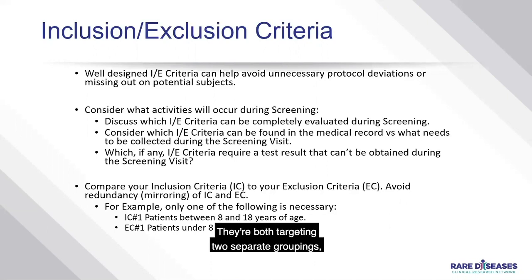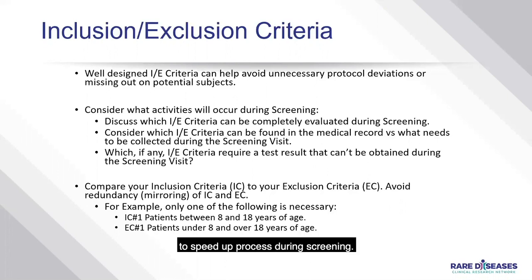They're both targeting two separate groupings, but they clearly state the same thing, that the patients have to be age 8 to 18. So you just want to make sure that those types of things aren't included, because it's just one more thing that your team has to check, and it's one more thing that you can remove to speed up the process during screening.